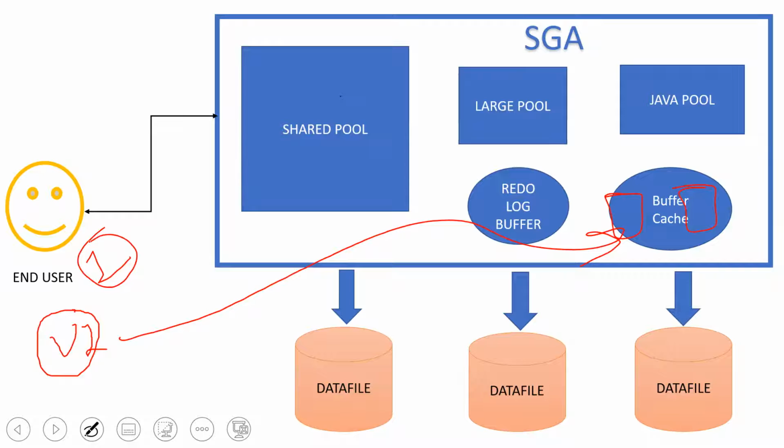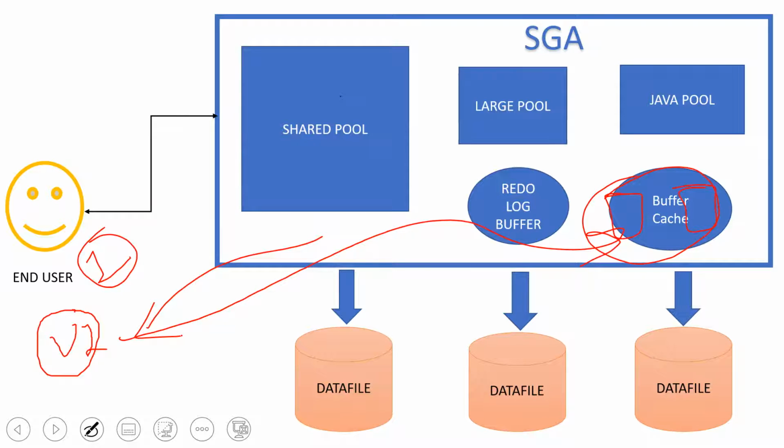So user 2 is making a request to the database that I want to modify this block. But at this junction, because of the modification by end user 1, the database will ask user 2 to wait for a certain period of time.